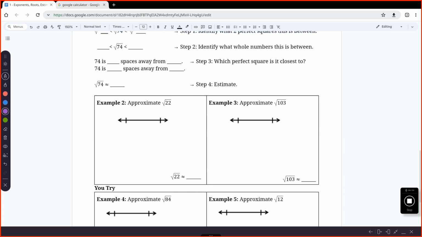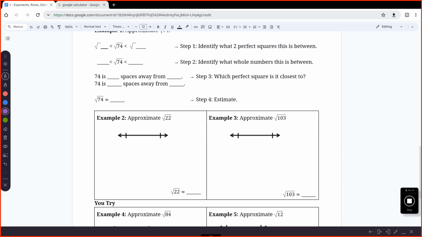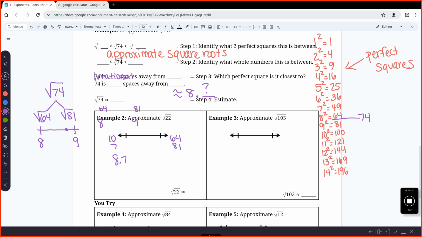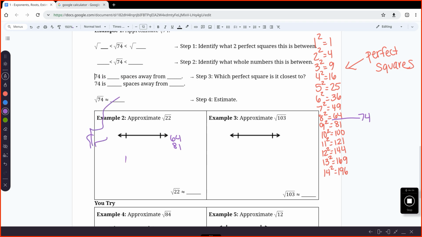We're going to approximate the square root of 22. So step 1, which I have the steps there, is to, actually, I'm going to bring back the perfect squares list there. All right, sorry about that. So we're going to approximate the square root of 22.